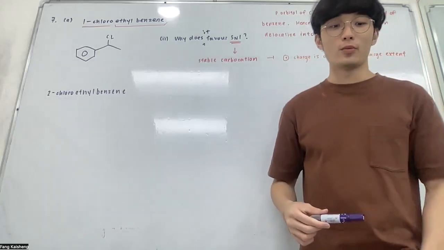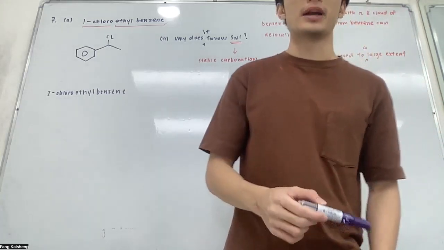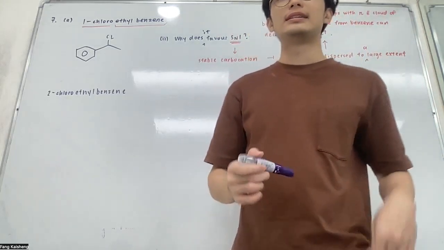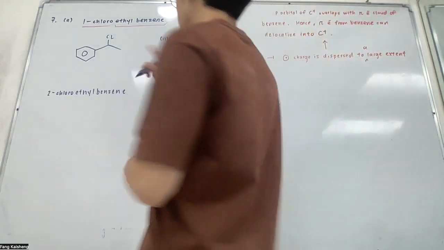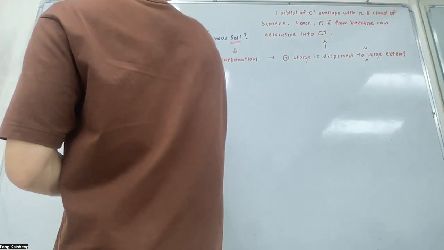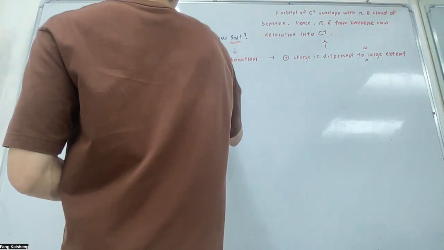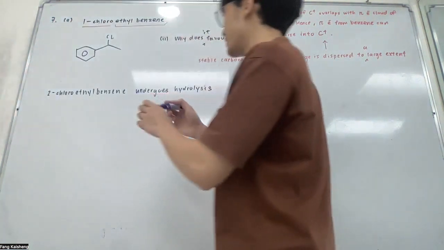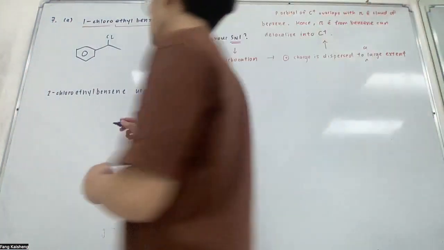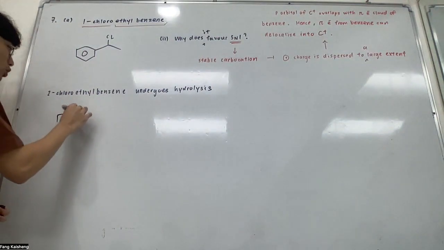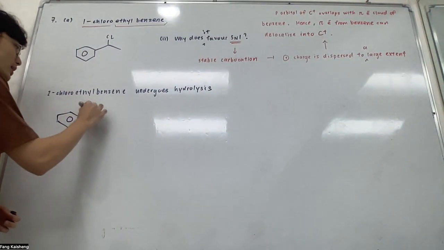Explain why this mechanism is preferred. What mechanism are they referring to here? SN2. It's the opposite of the first one now. The question says it undergoes hydrolysis via a different mechanism. Now I know hydrolysis seems like a very vague term over here. But first, 2-chloroethyl benzene should look like this, correct?